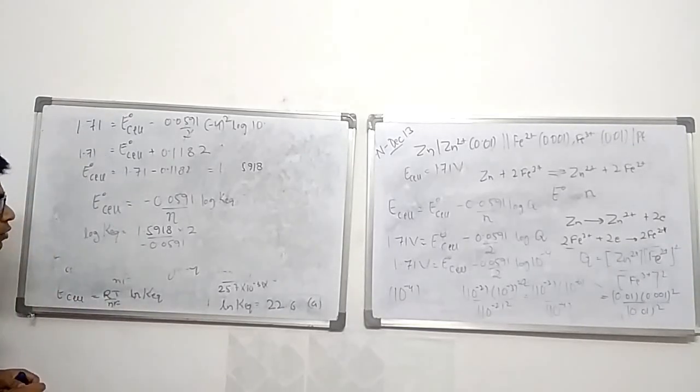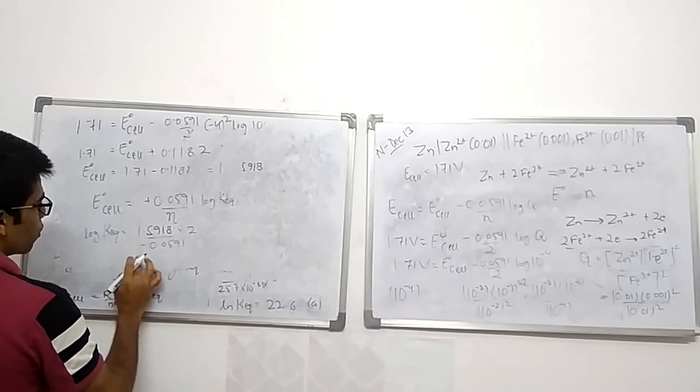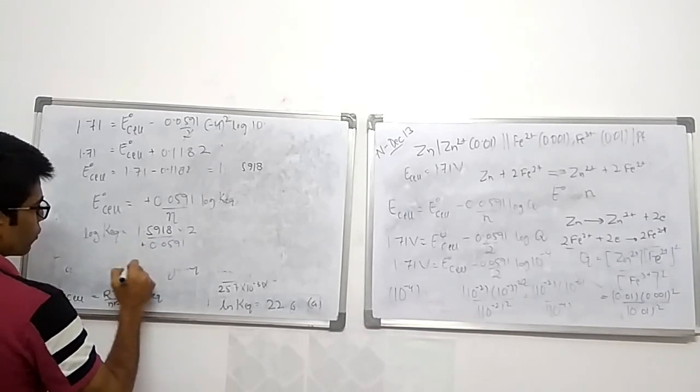And what else, have I made any other mistake? What will be the last value? Yeah, I have made a mistake of taking this as negative. So this is positive, so this is positive.